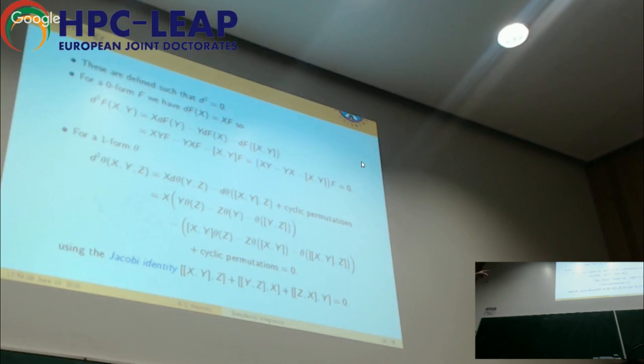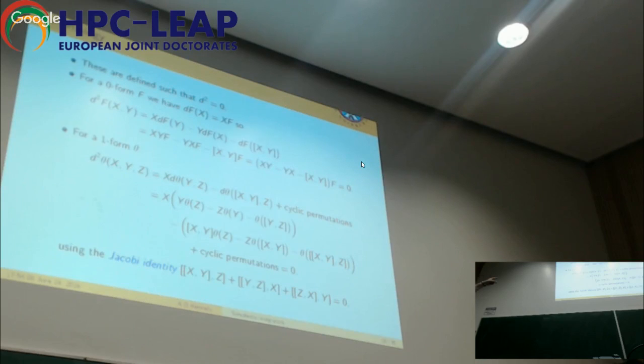Now let's do the more interesting case. It starts off with a one form theta, which is not d of anything, so it's not exact. You can think of theta as a vector field which cannot be derived from a potential. We want to take its exterior derivative twice, and what we want to make sure is that we get 0.